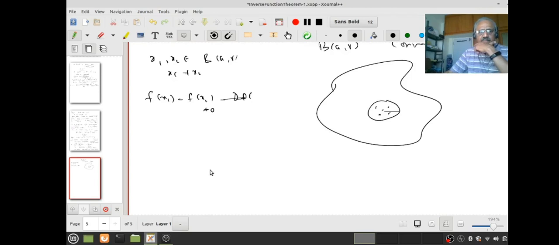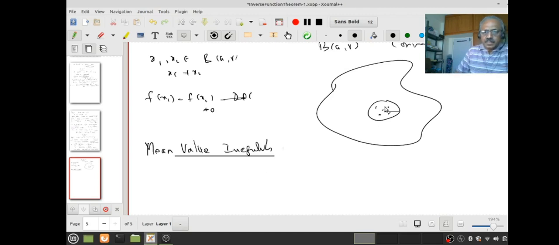Now let's recall, we proved the mean value inequality. Please go through my lecture. What we proved: since x1 and x2 are in the open ball, the line segment joining x1 x2, because this is a convex set, will lie there. The line segment x1 x2 is contained in B_A, right?